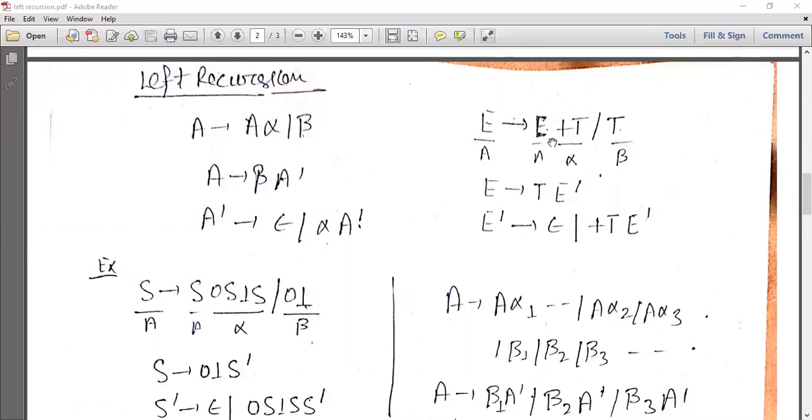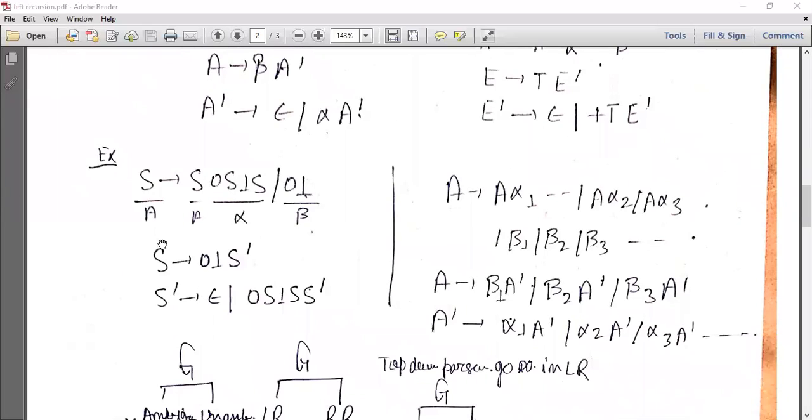E tends to E plus T, slash T. E is a left recursion, so we convert it with the help of this formula. Here this E part is A, alpha is plus T, and beta is T. So it is converted into this form: E tends to T E dash, and E dash tends to epsilon or plus T E dash. So this grammar is not a left recursive grammar. Clear?